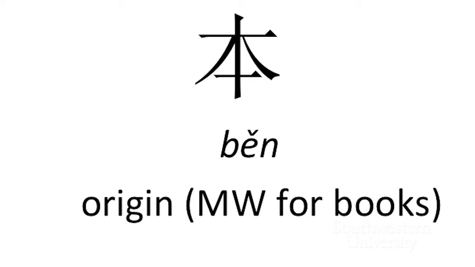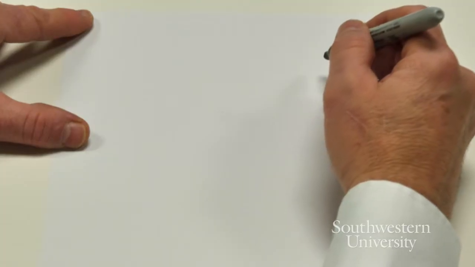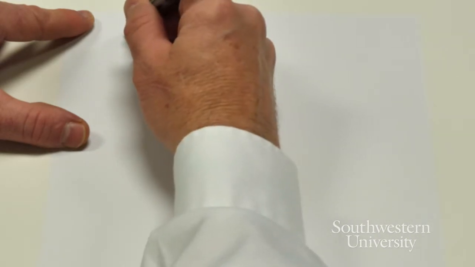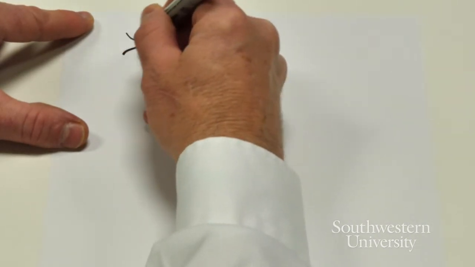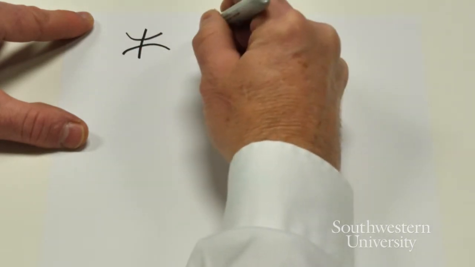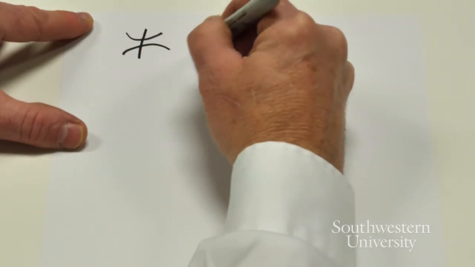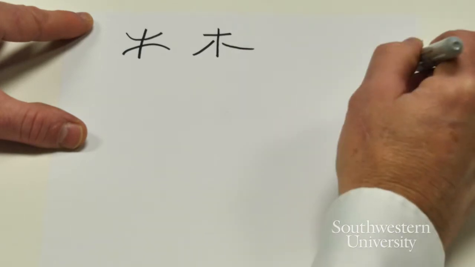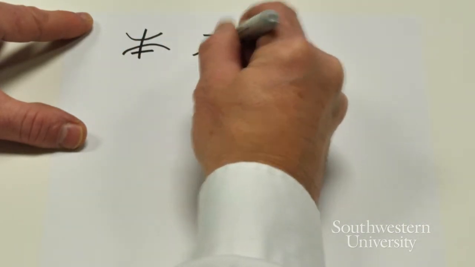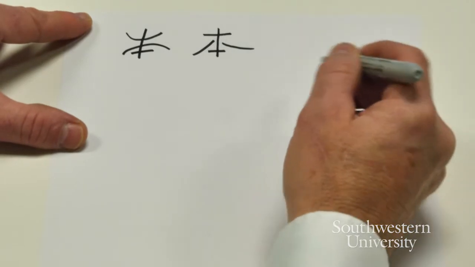Okay, this next character takes off on the idea of plant. It means root or origin. We learned it as a measure word for books or written items, but the original meaning is root. So you can see a depiction of a tree, the branches and the roots. In modern Chinese, it's written like this. And in this case, we mark the roots. That's the important point.